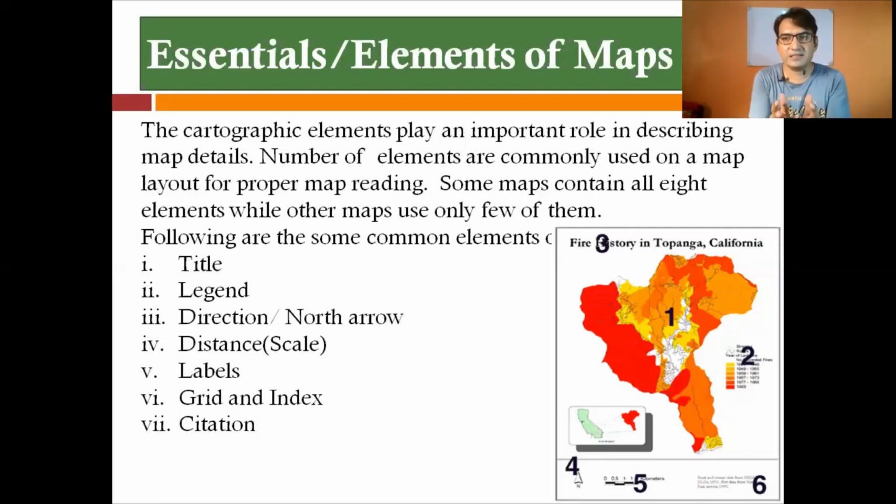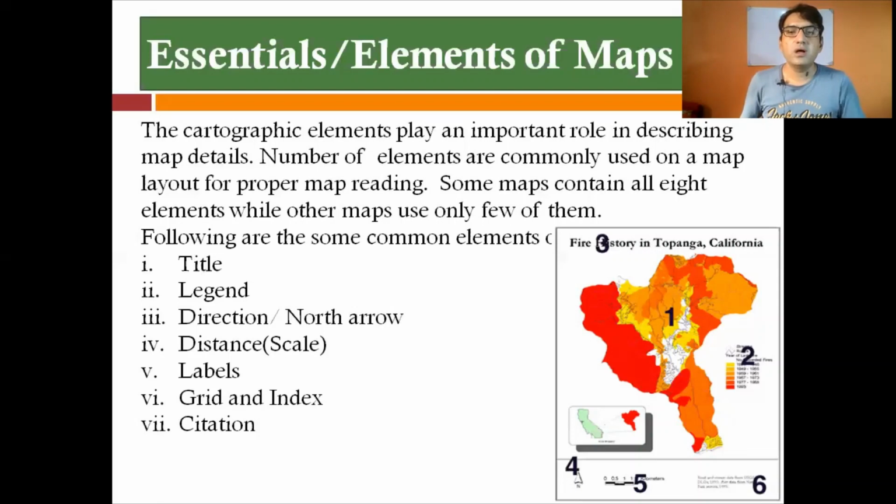It depends on the type of map or the purpose of the map. ये जरूरी नहीं है कि ये जो essential हम डिस्कस करेंगे, ये जो एलिमेंट्स आ रहे हैं वो एक मैप में हों, मगर इनका होना जरूरी है. ये डिपेंड करता है कि आपका जो मैप है उसका ऑब्जेक्टिव क्या है, उसका पर्पस क्या है और किस किस्म का मैप है. Because you know sometimes the whole earth is shown on the map, and sometimes you are showing some parts or some characteristics of the earth. So it depends on that.